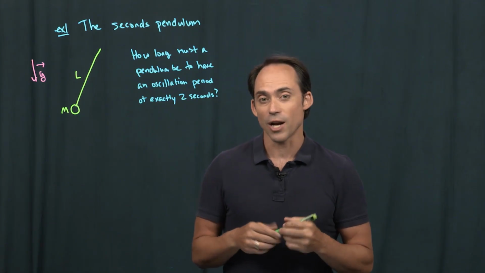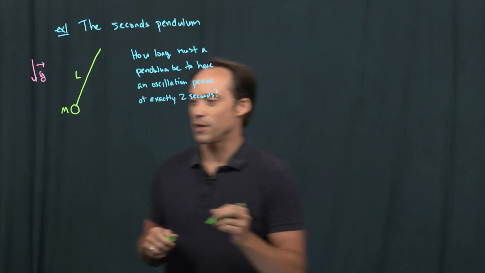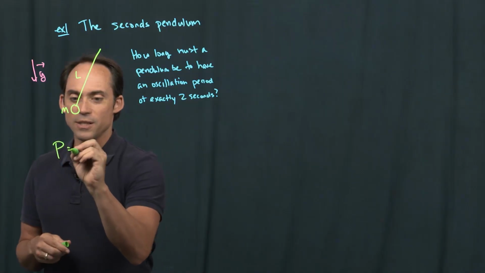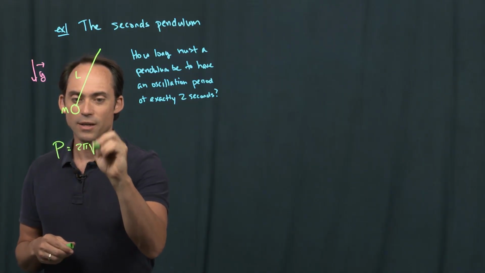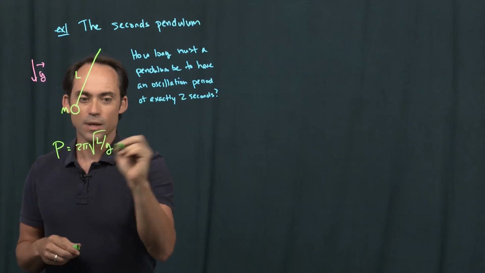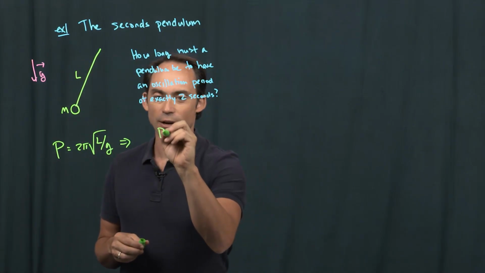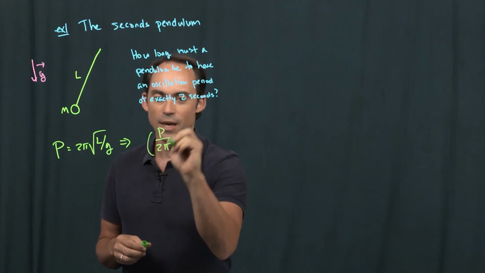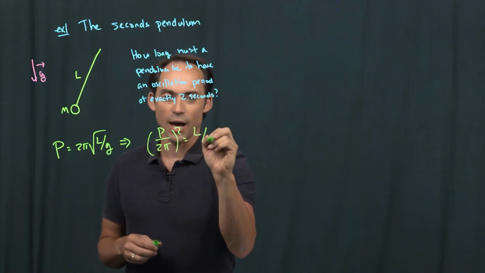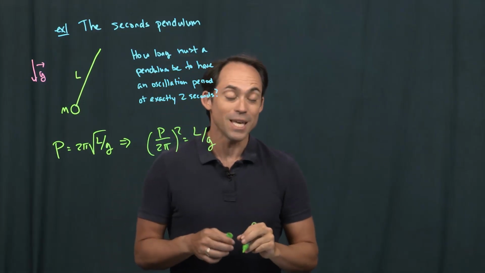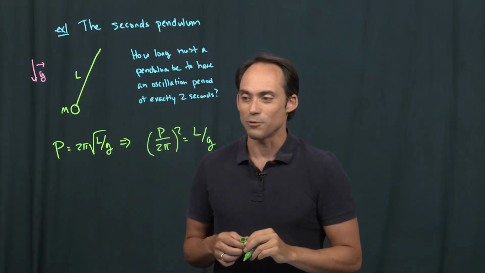So let's go ahead and figure out how we can solve this by using our period expression. Period is equal to 2 pi times the square root of L over g. So we can isolate our length by dividing both sides by 2 pi and squaring them. We'll get P over 2 pi squared is L over g.